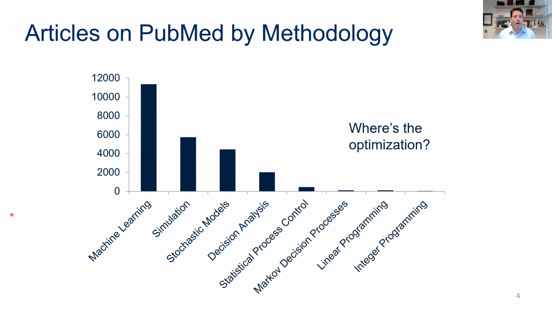Now there's some, one example would be intensity modulated radiation therapy. That's been an extraordinary application of various kinds of optimization methods to improve basically how radiation is delivered for patients with cancer. So that's one really nice shining example, but the examples are few and far between.